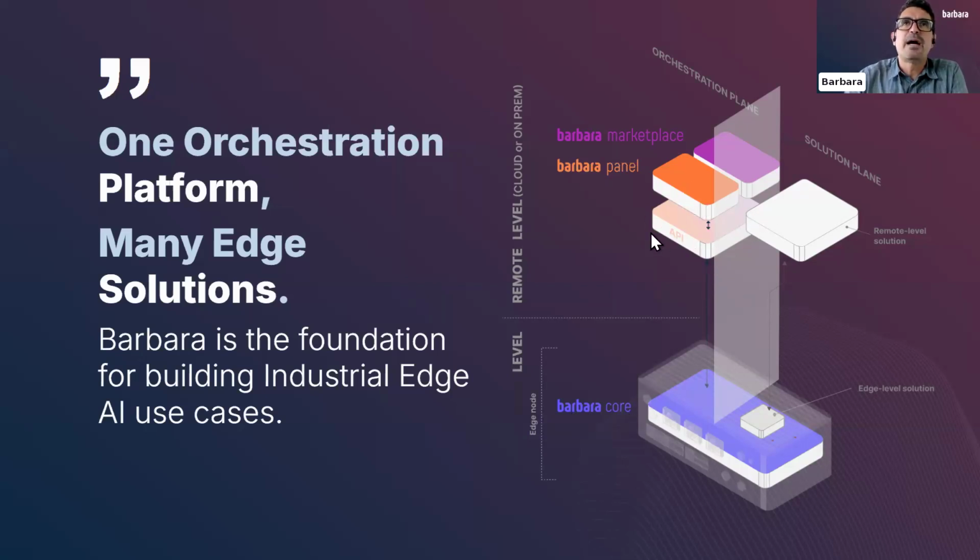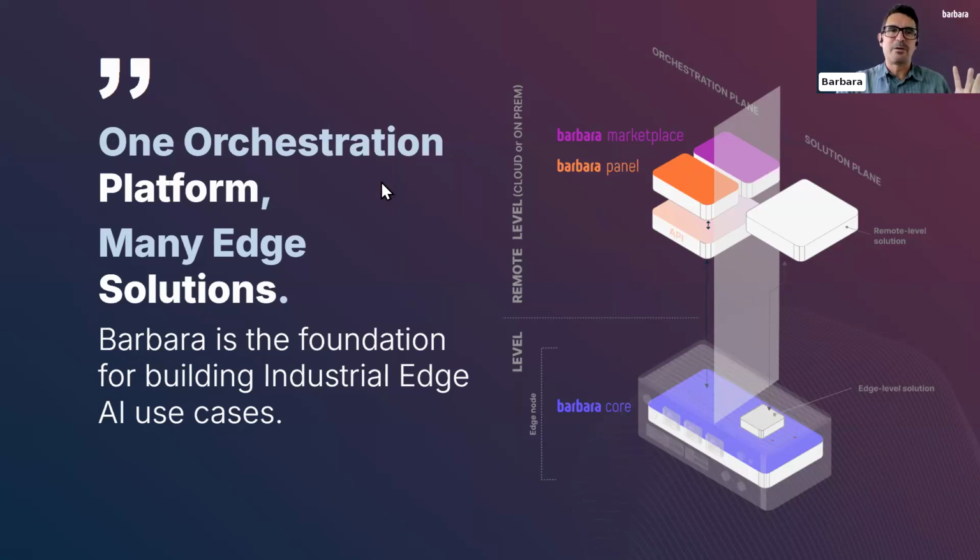Above the API we have the other two products of the Barbara platform. The first one is Barbara Panel, the interface we will use today to control these edge nodes and to manage the applications running on them. And also the Barbara Marketplace, which is just an application hub that contains over 150 different applications, some of them provided by our partners we mentioned before, to be installed on the edge node and to create different use cases that way.